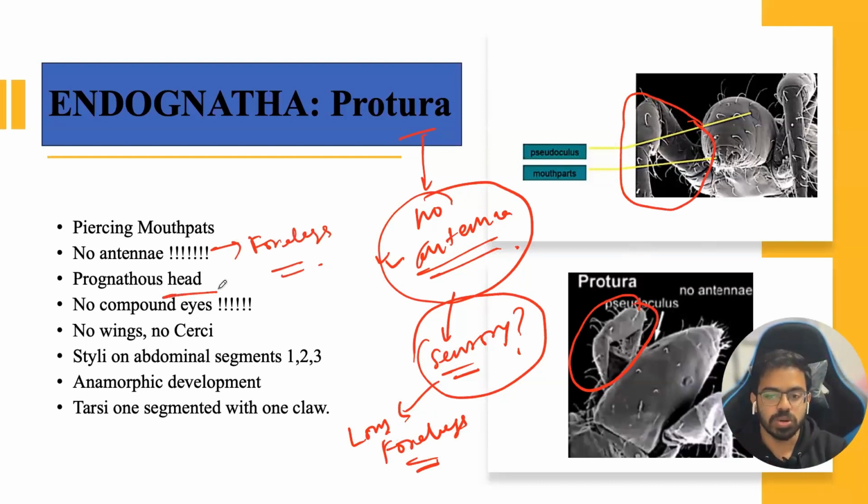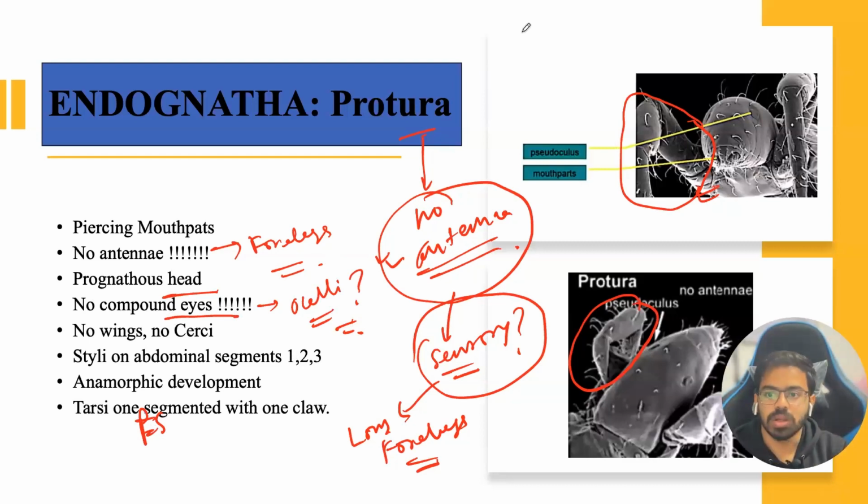The head is prognathous. Just see here, it is a prognathous head. Compound eyes are not there. Then what about ocelli? Definitely the question will occur. Most of the authorities say they do not even have any ocelli. They do not have compound eyes. They do not have ocelli. Then what do they have?